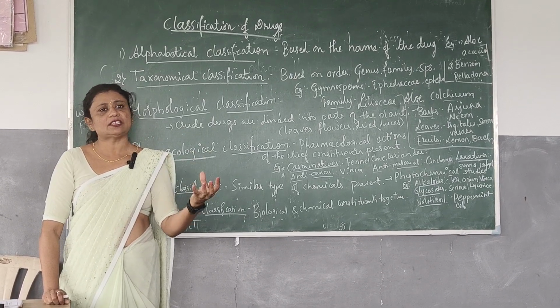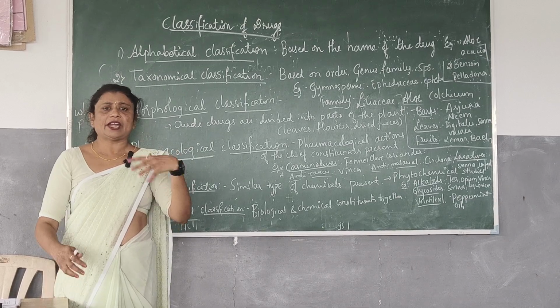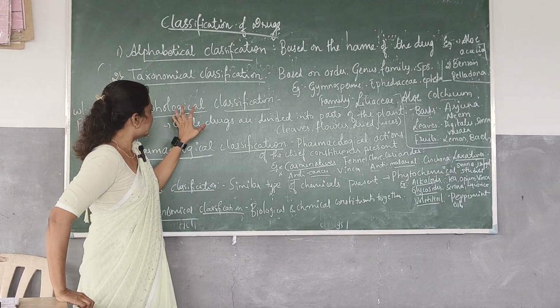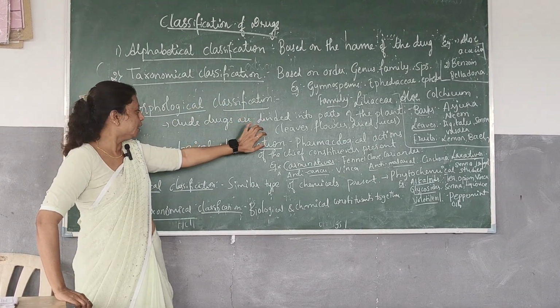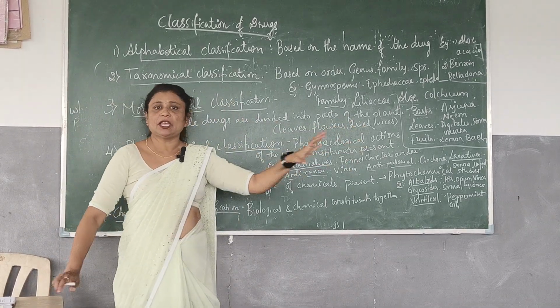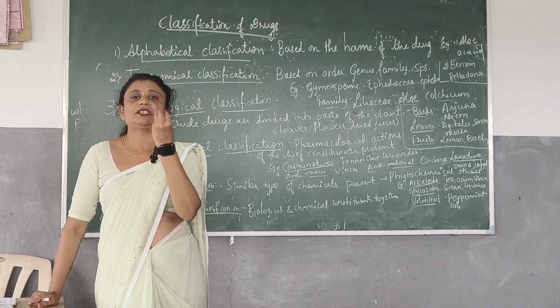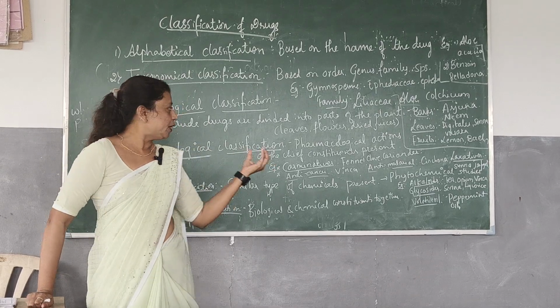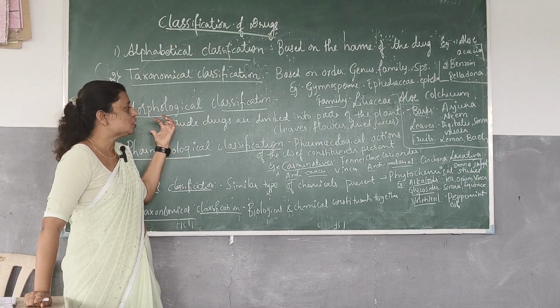Coming to smell, the nose identifies the smell. Depending on that, the morphological classification is done, and the crude drugs are divided into parts of the plant. That means it is based on which active constituents are present in which part of the plant.